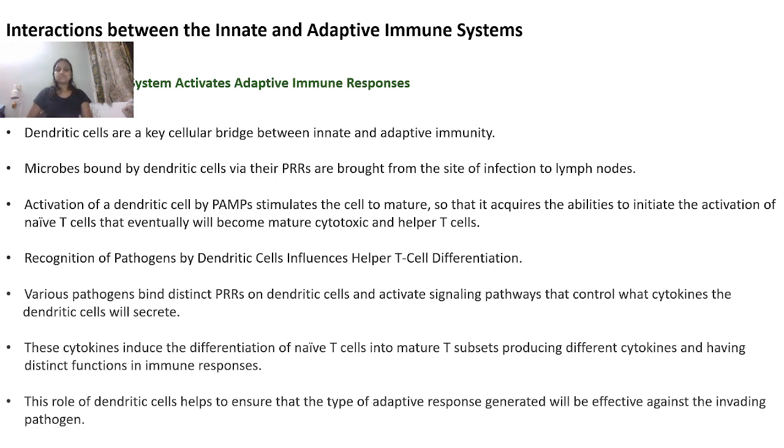So this dendritic cell will activate certain signaling pathways and secrete many cytokines, and the cytokines will induce the differentiation of these T cells into different kinds of cells and will help in mounting an immune response. Thus, the role of this dendritic cell is to ensure what type of adaptive response will be generated and will be effective against the invading pathogen.